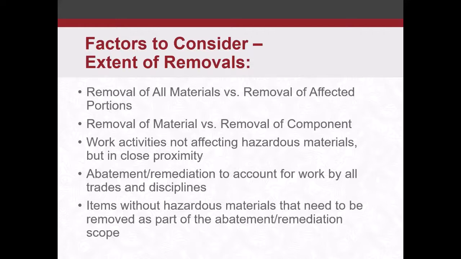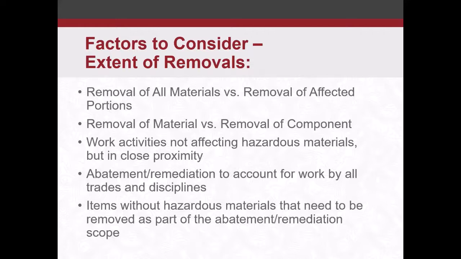Component removal can be effective in that instance. You might have a situation where work activities are not affected by hazardous materials, but are in close proximity to them. Take your friable pipe thermal system insulation. You might be doing some work on boiler units that are in close proximity to that, but you're not touching that pipe insulation. Does it make sense to still remove that material so you don't have any inadvertent disturbance, any potential for the workers to accidentally disturb that material with the work?